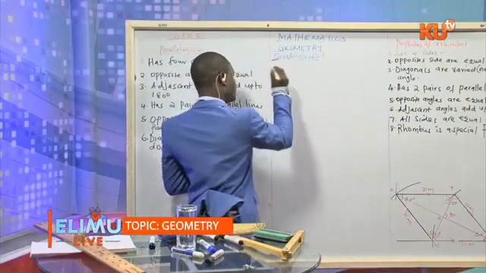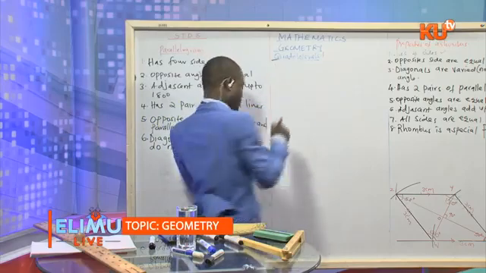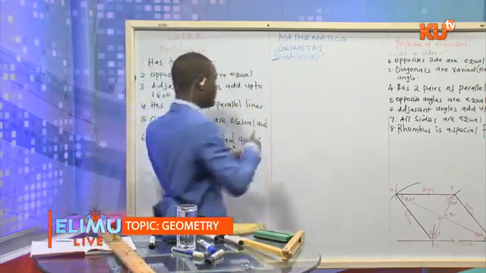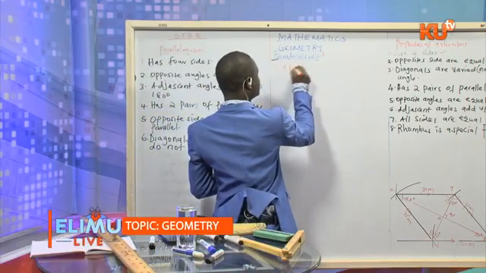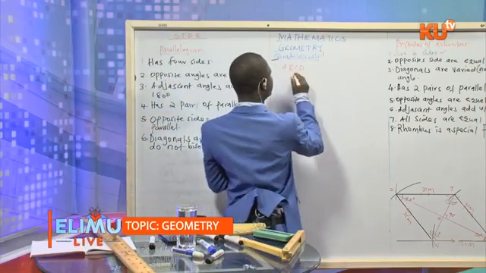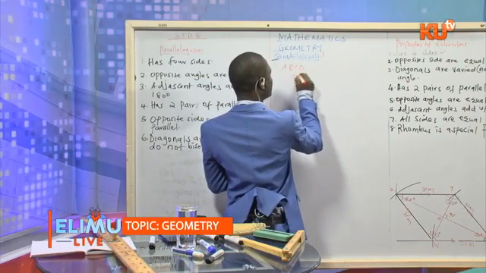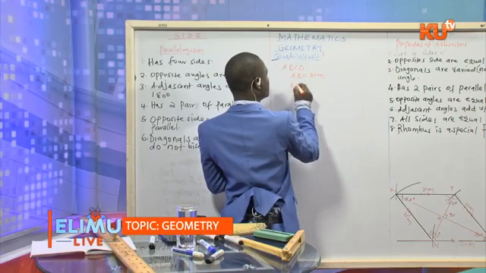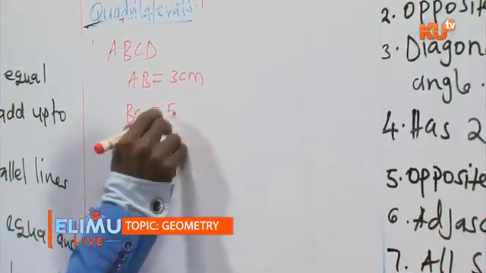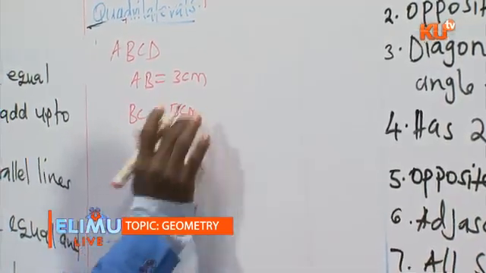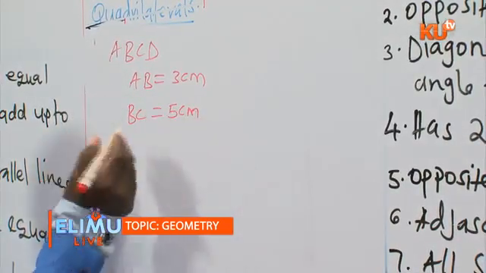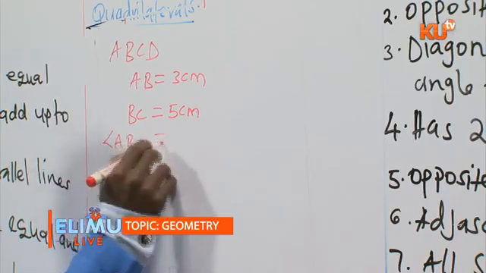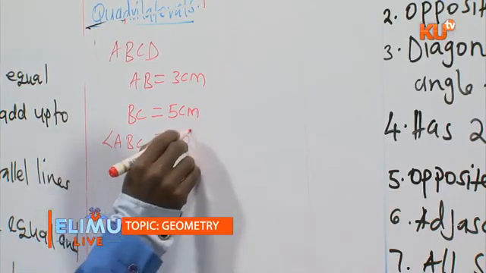We can construct parallelogram ABCD, such that line AB is 3 centimeters, line BC, I can maybe give it 5 centimeters, and then angle ABC is 70 degrees.